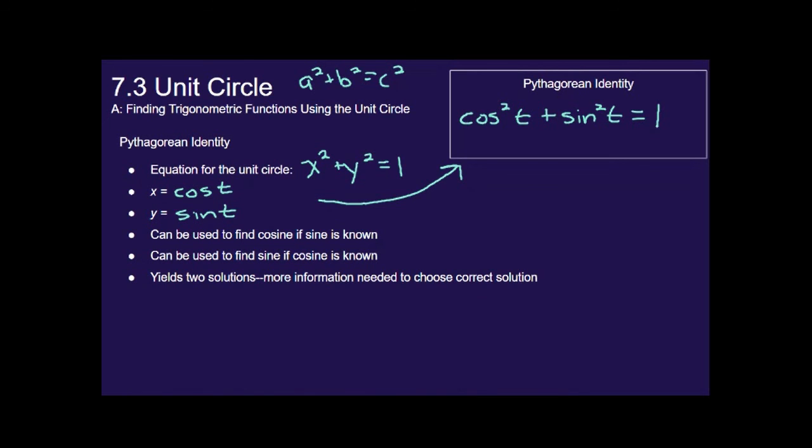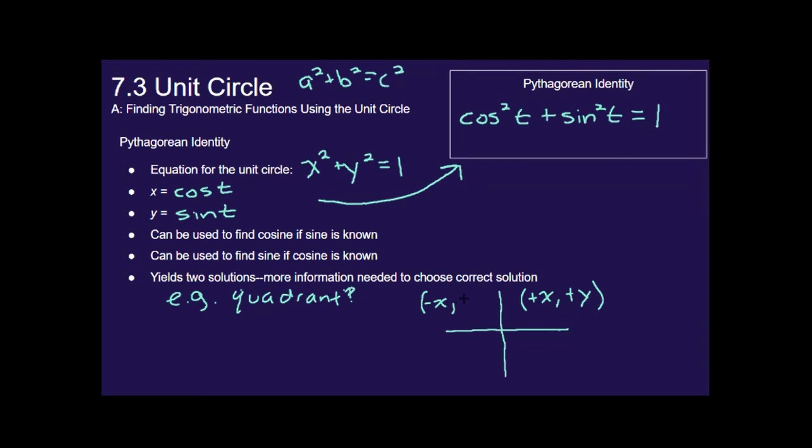For example, if we know which quadrant the angle is in, that will tell us which of our solutions we're going to use. Remember back on the first or second slide, we said that in this quadrant you have positive x and positive y.